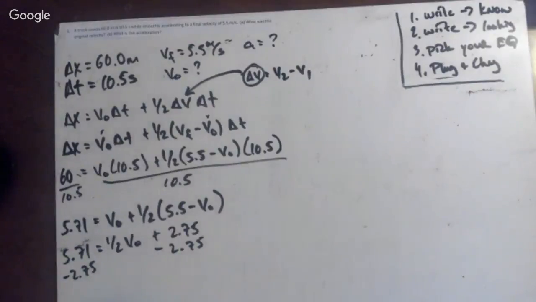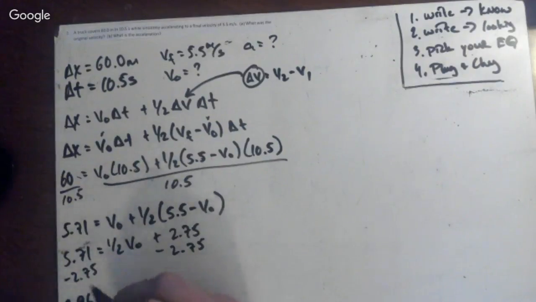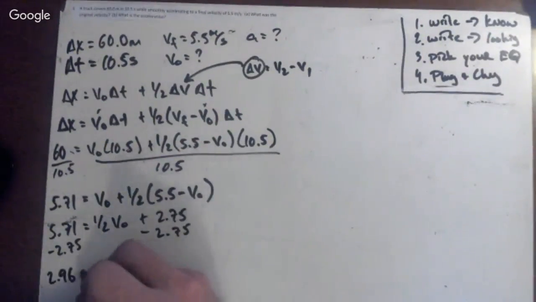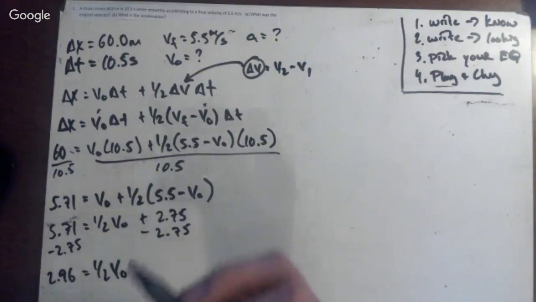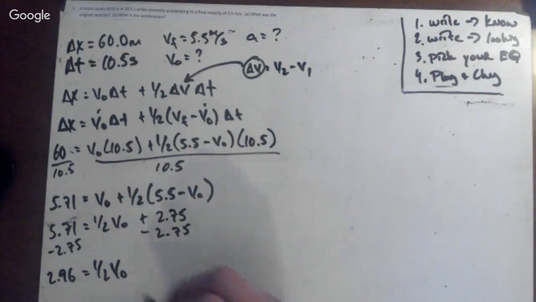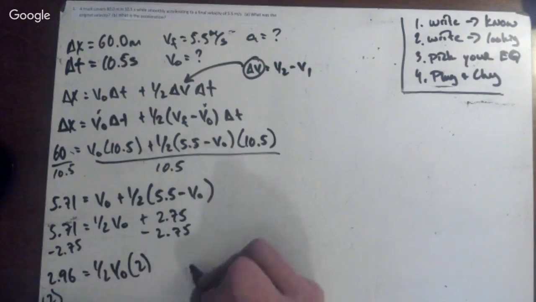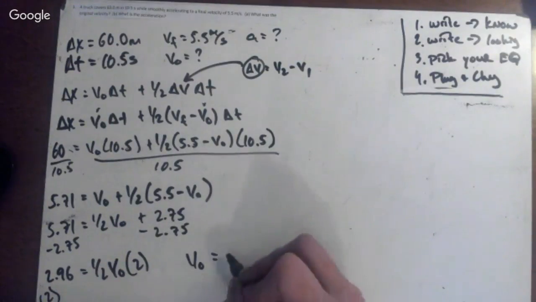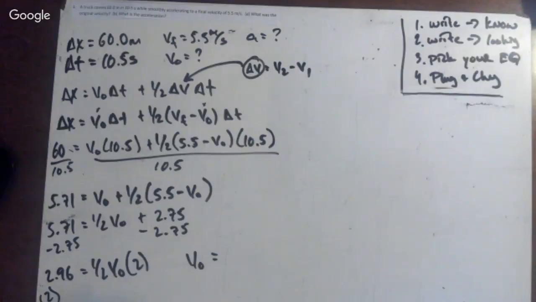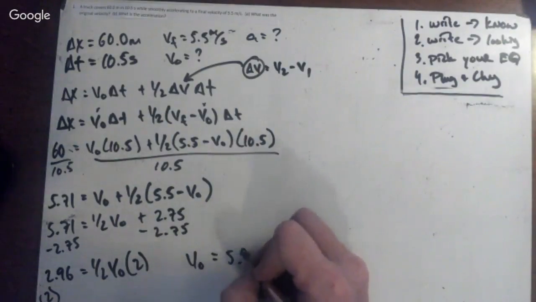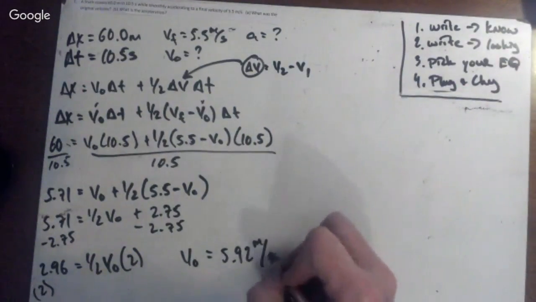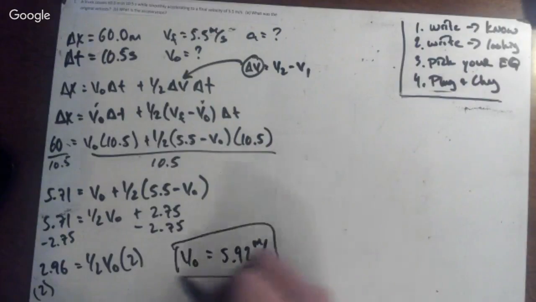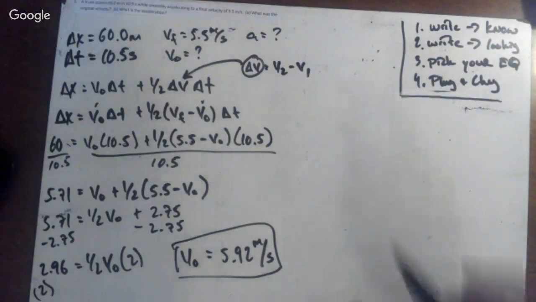We end up with 2.96 equals 1/2 of V0. Multiply both sides by the reciprocal, and we end up with V0 equals 5.92 meters per second. Okay, that's our initial velocity.